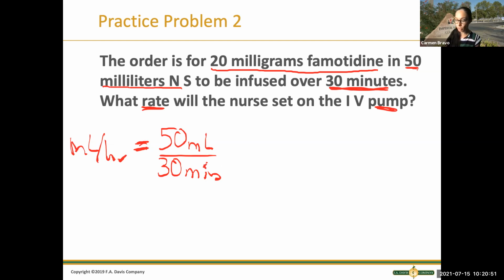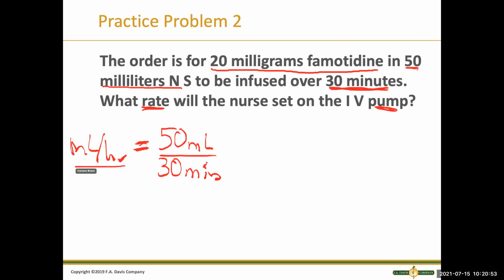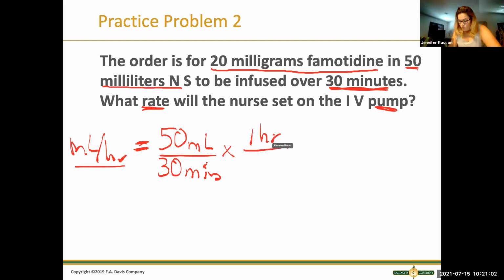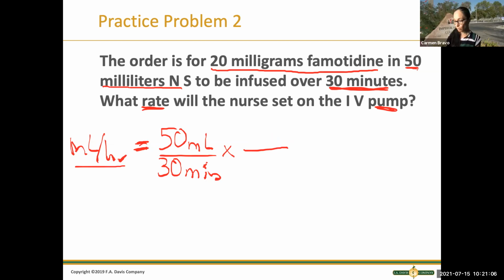I need to convert this into mLs per hour. I need to add hours. How would I add 1 hour? That's 1 hour over 60 minutes. I put it in the wrong place. 60 minutes equals 1 hour. So how many minutes in 1 hour? 60. By doing it this way, we need to know the conversion factors.